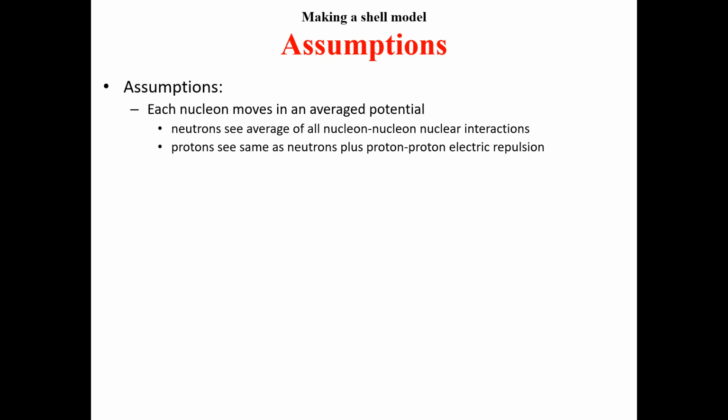So first we consider the case of the neutrons, and we're saying that a neutron should see an average nuclear interaction.